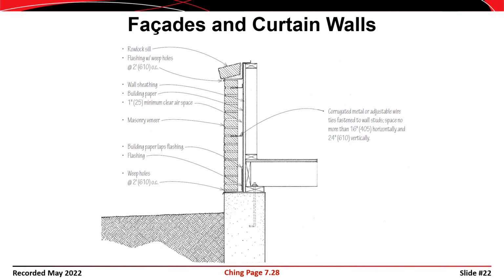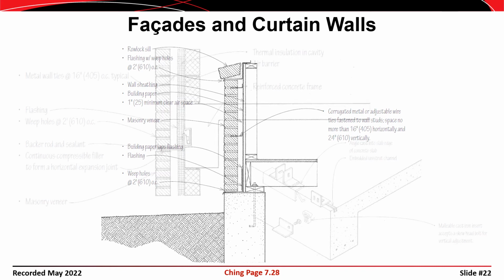The veneer is tied to the structure, so when we consider seismic action, then the structure has to support the lateral load imposed by the mass of the veneer. But the structure in all other cases is just there to support the veneer from toppling over. The weight of the veneer itself is supported by the foundation.